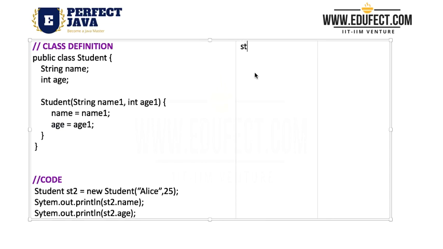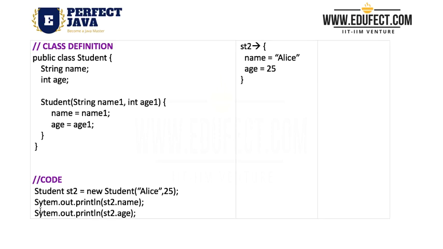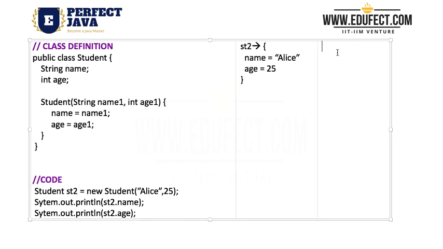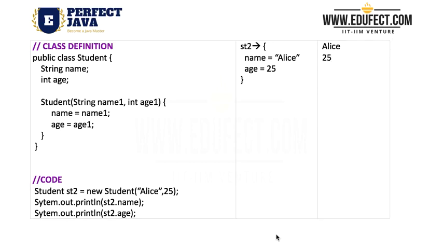So we would have st2, name for st2 will be Alice and age would be equal to 25. Now when we say system.out.println st2.name, it will be Alice. And when we say system.out.println st2.age, it will be 25. So here we have constructed another object of the class student using the parameterized constructor.